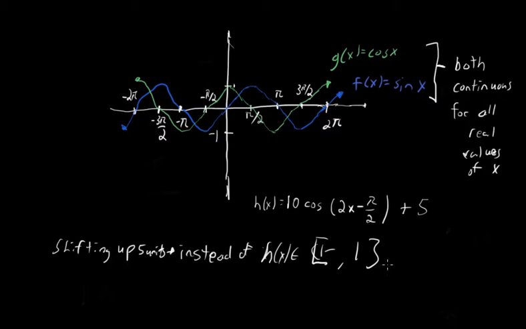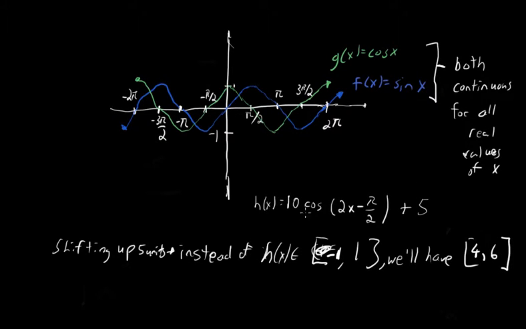Instead of the closed interval negative 1 to 1, oops, I wrote 1 minus, it should be negative 1. Add 5 to negative 1, you'll get 4. Add 5 to 1, you'll get 6. So it'll range from 4 to 6.